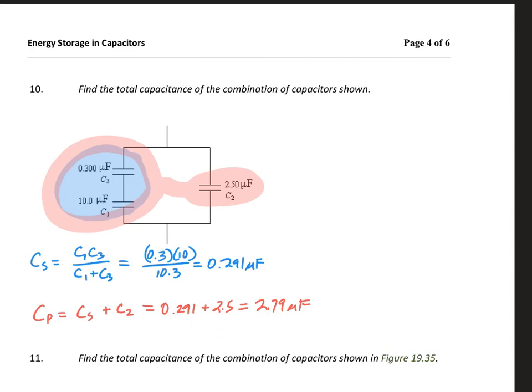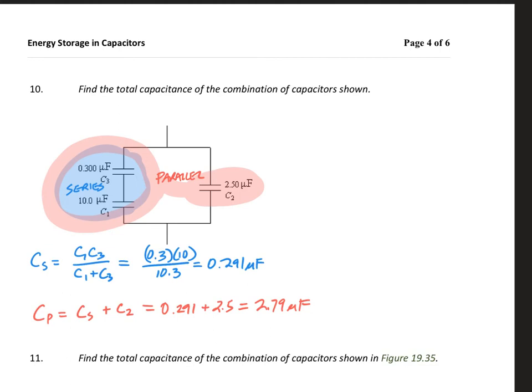Just as a reminder, the series stuff was in blue, parallel stuff in red. So the process of finding total capacitance is fundamentally the same as the process of finding total resistance, something we'll do when we get farther into circuits.